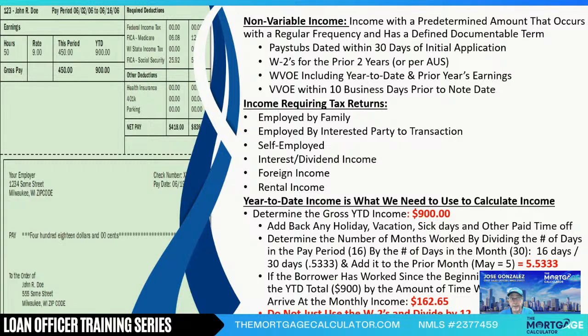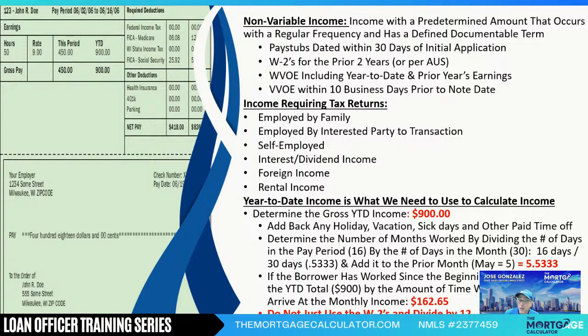So, how do you calculate the income? Well, the first thing you would do, and this is now one of the assumptions here, of course, when you're looking at this, is that the borrower started working at the current employer on January 1st, hasn't missed any time, right? So you're going to base it on accurate amounts there.